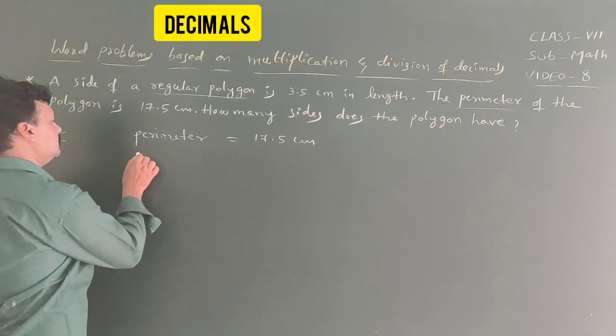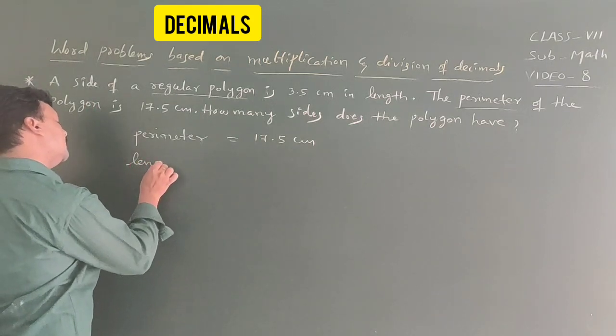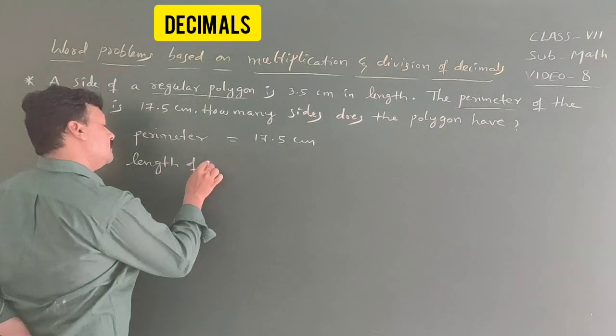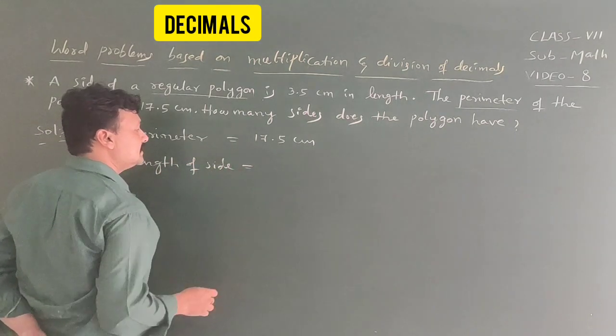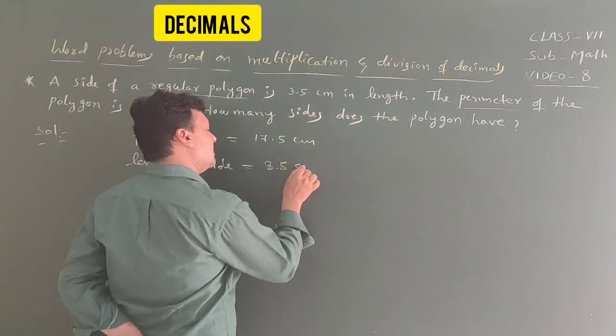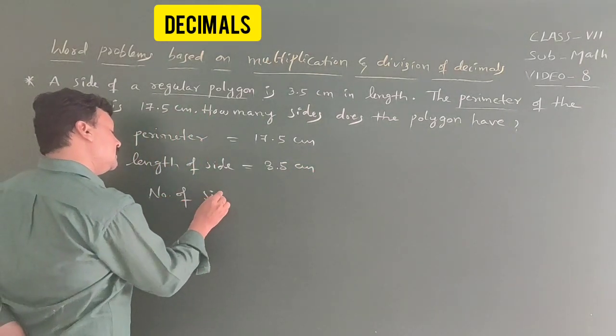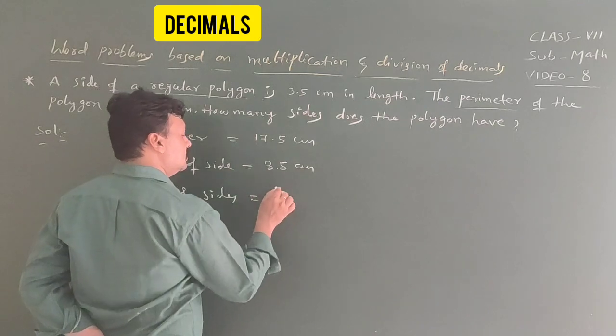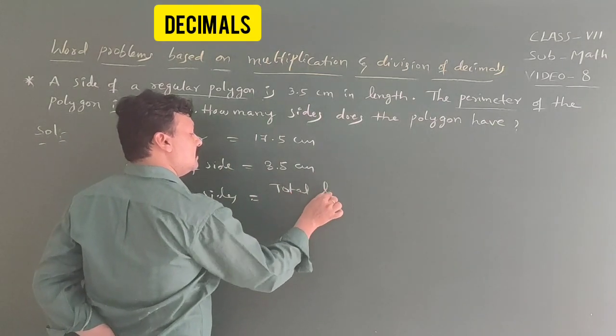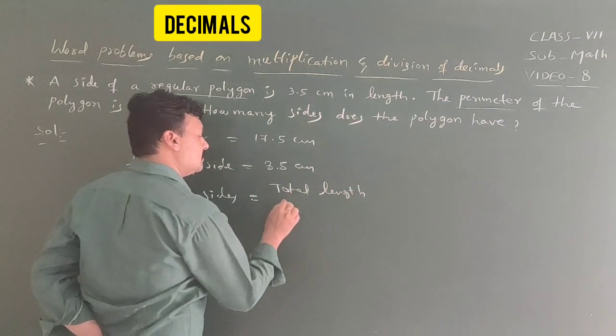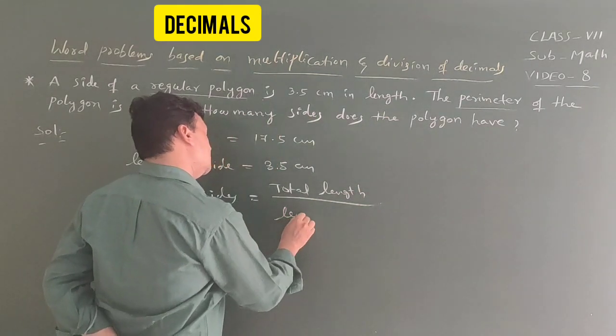Here the length of side is 3.5 centimeters. We require the number of sides, equal to total length by length of each side.